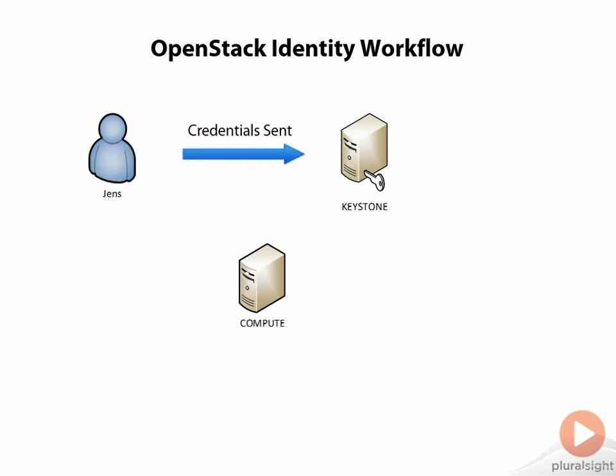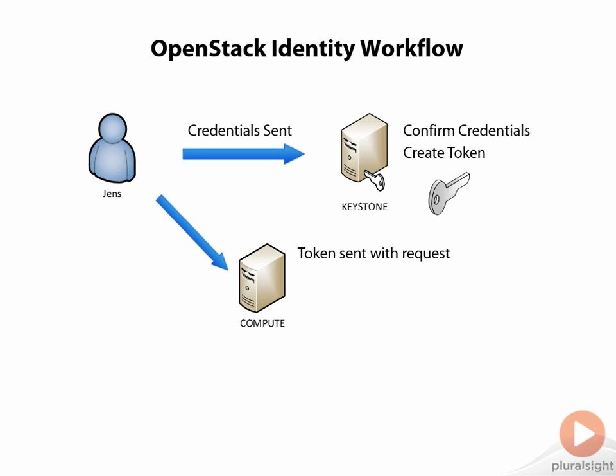This is the username and password combination, which is going to authenticate him to see if he is who he says he is. Once the credentials are confirmed, Keystone creates a token, and that token is then passed back to Jens and carried out throughout the environment, so that when he makes a request into the compute environment, the token is actually sent with the request.